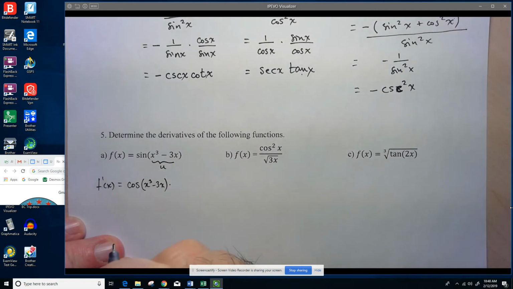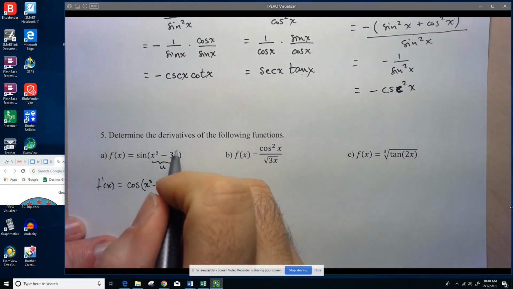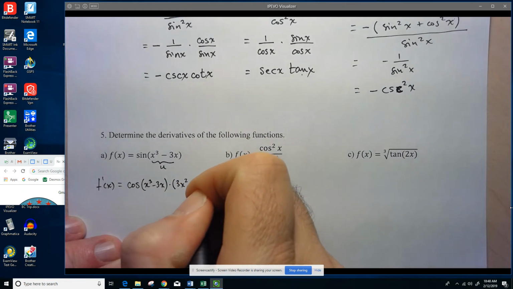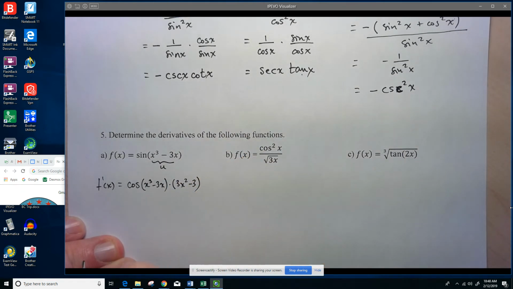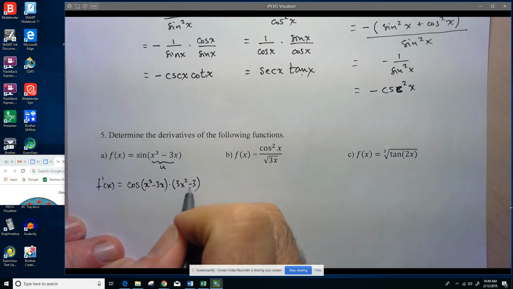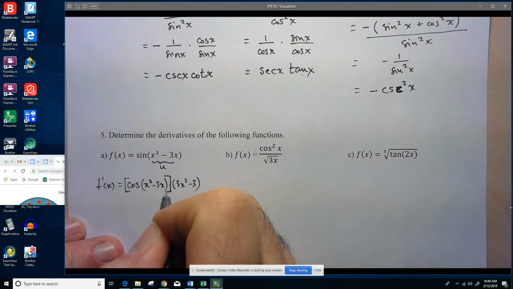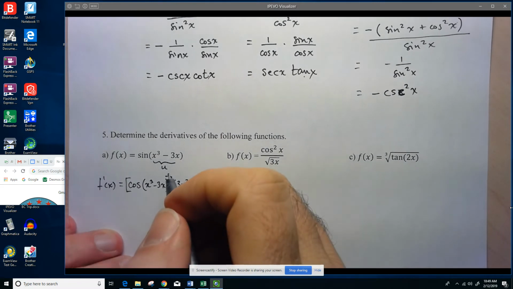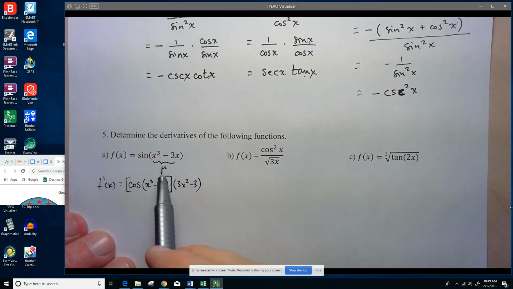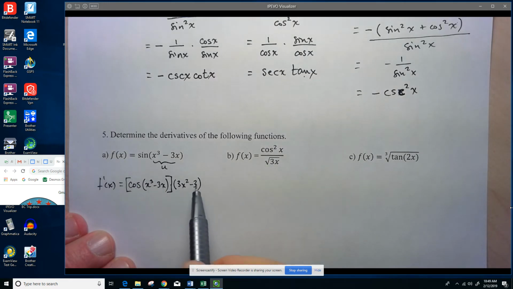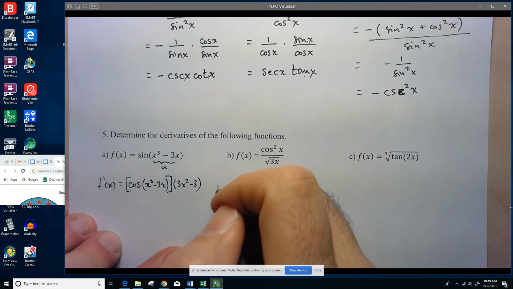And then we multiply that by the derivative of u with respect to x, which is 3x squared minus 3. Now, if you want to be certain that this expression is not inside the cosine, you might want to put square brackets around there. So this represents the derivative of the outside function, and this represents the derivative of the inside function. All right, let's move on to b.